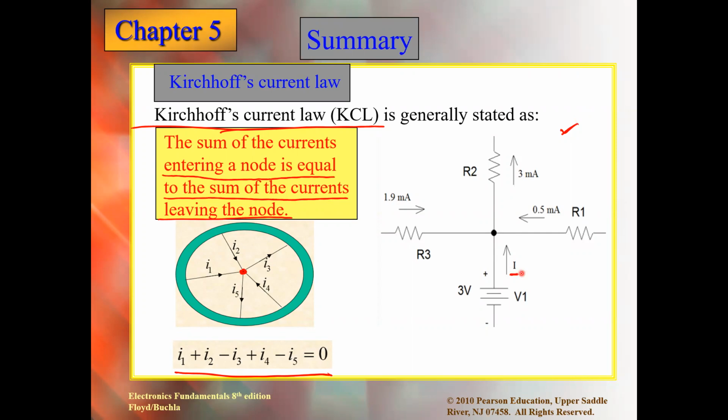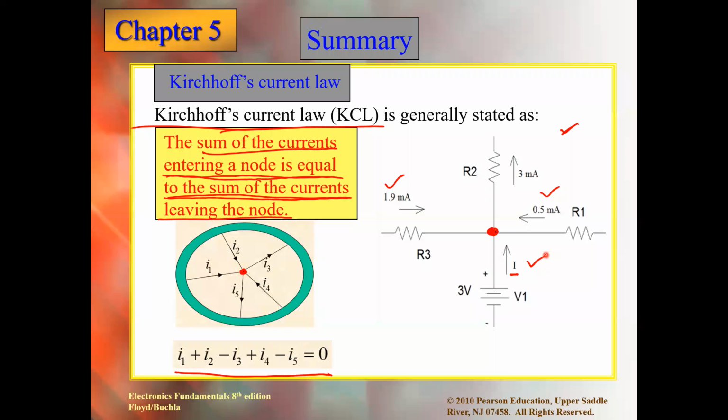Can you calculate? The sum of the currents entering a node is equal to the sum of the currents leaving the node. So first write the currents entering the node. Which currents are entering towards the node? Can you focus on this? This is entering, this is also entering, this is also entering.